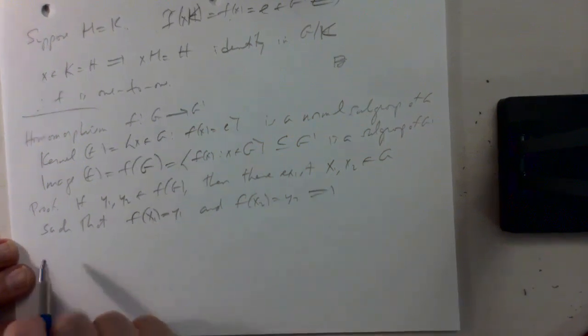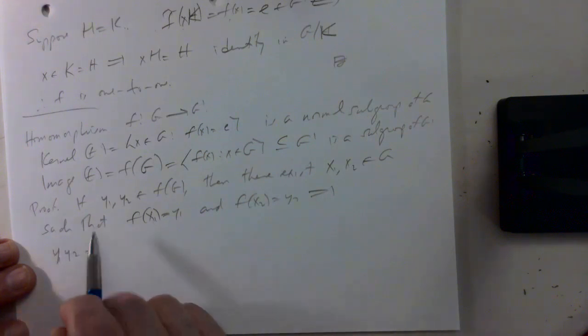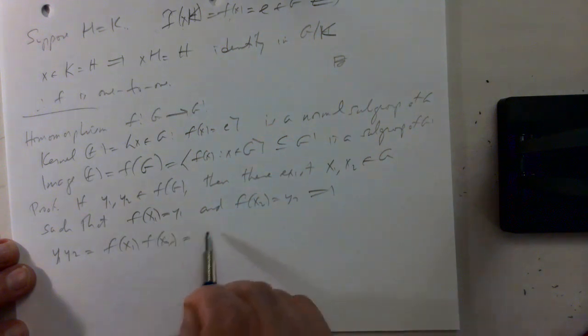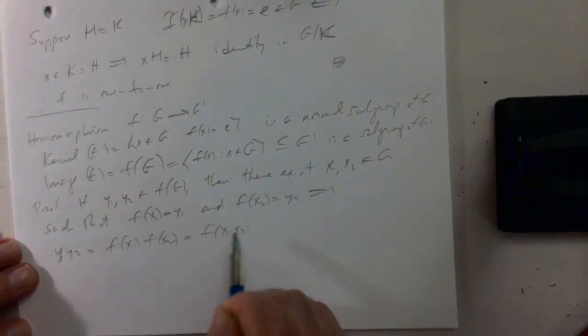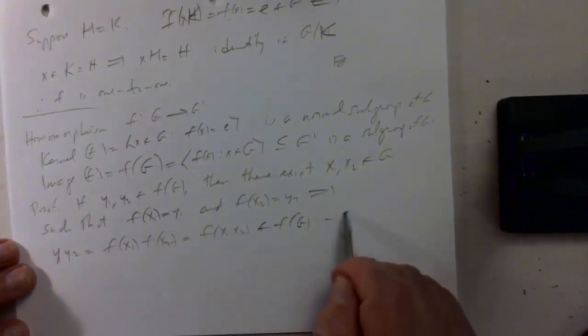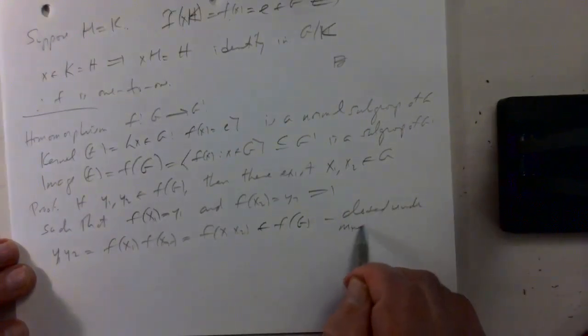So y1 y2, which is f of x1 times f of x2, is f of the single element x1 x2. So that means this is in f of G. So f of G is closed under multiplication.